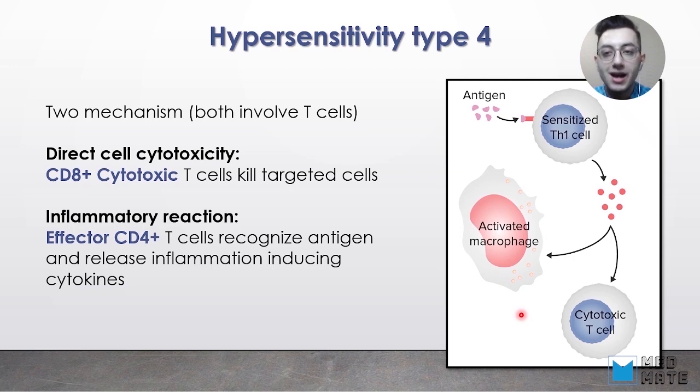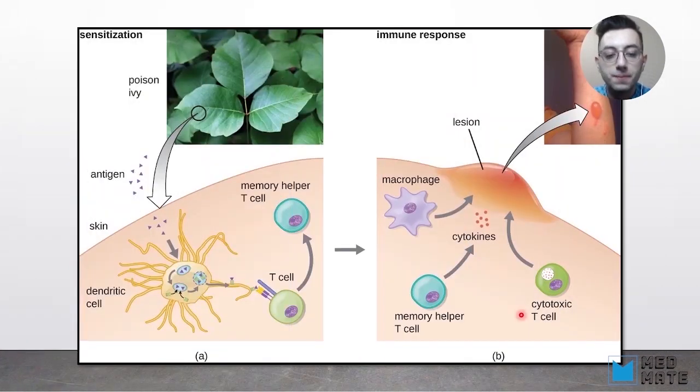The first is direct cell cytotoxicity, where CD8 cytotoxic T cells kill the targeted cells. The next is the inflammatory reaction, where effector CD4 positive T cells recognize antigens and release inflammation-inducing cytokines, which leads to the hypersensitivity reaction.